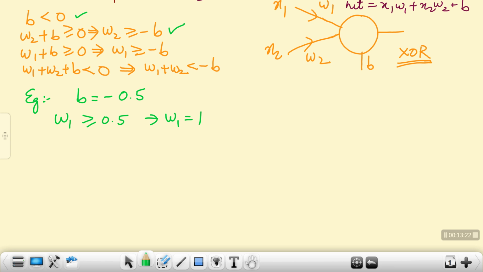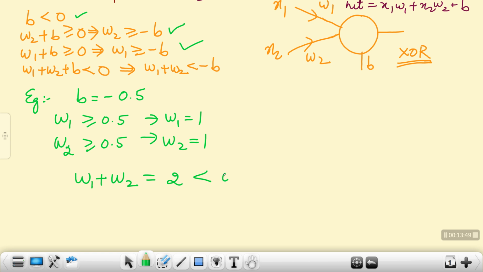This condition is satisfied. Similarly, w2 should be greater than or equal to plus 0.5, so I also take w2 equal to 1. This condition is also satisfied. Now if I take w1 plus w2, I get 2. Is it less than minus bias?